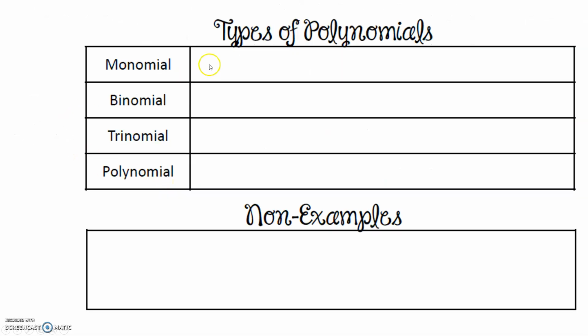All right. So before we even talk about standard form and degree, you need to know what a polynomial is. And a polynomial is just a mixture of monomials. So we know mono means one, and bi means two monomials, tri with three monomials, and poly meaning many of the monomials, so more than one.